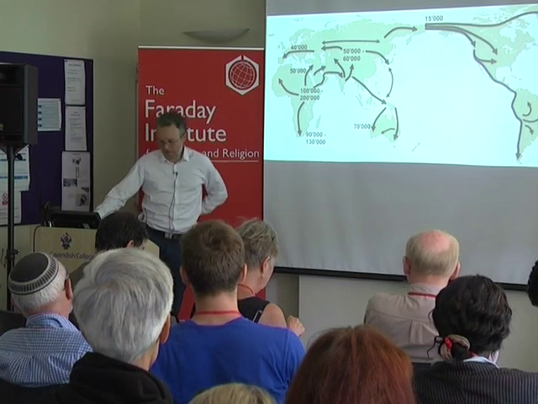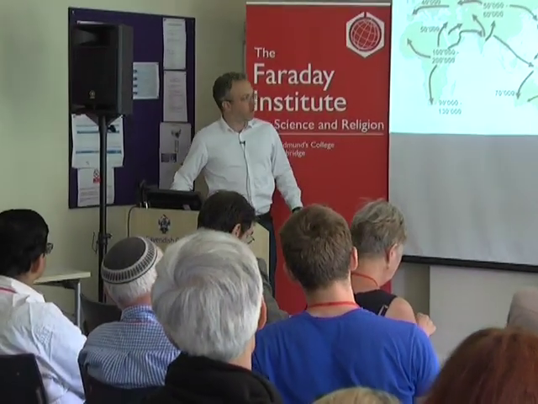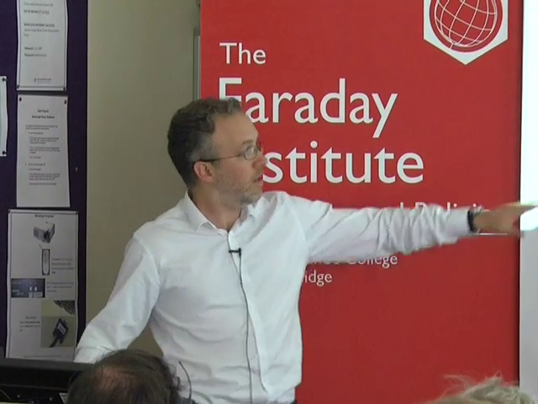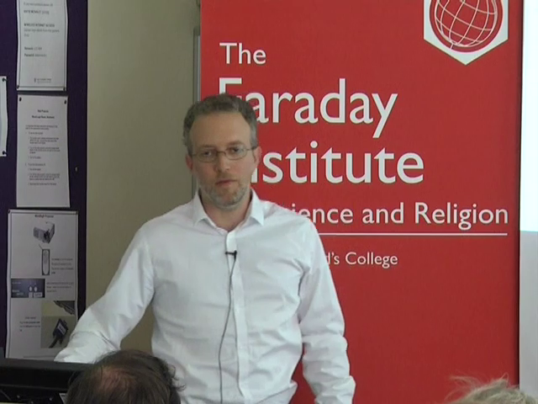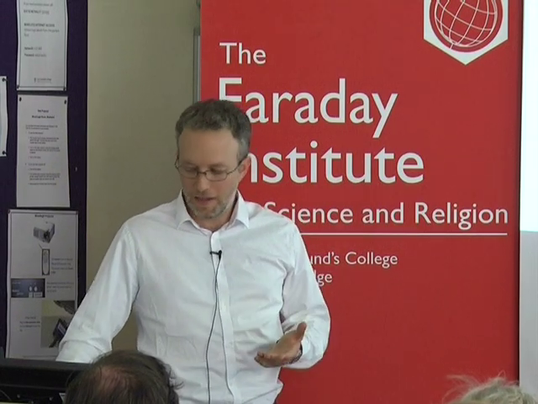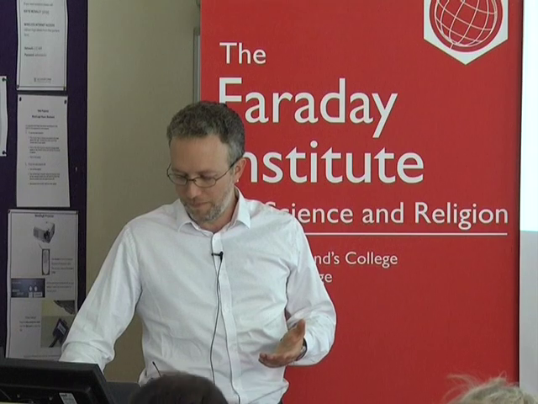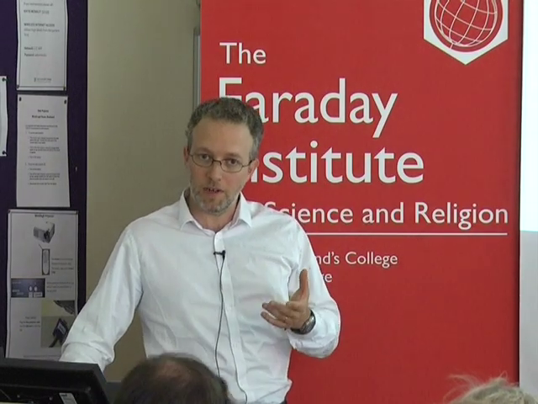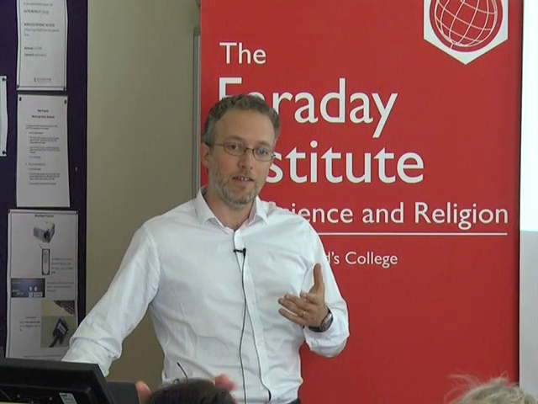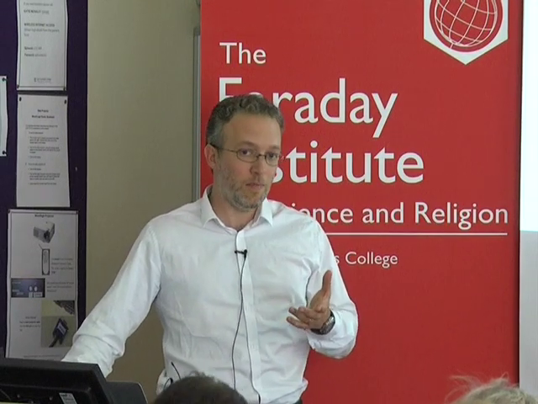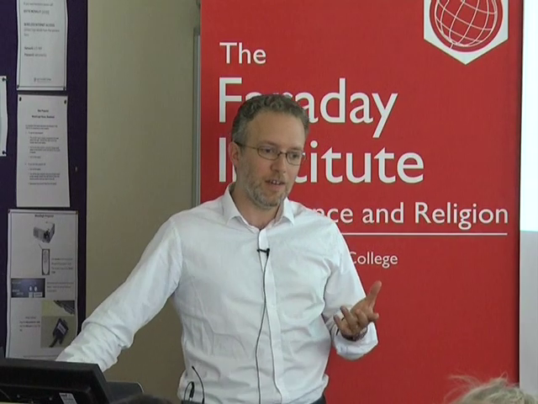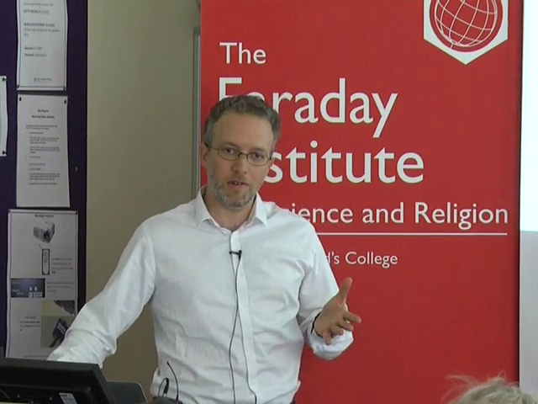Yeah, thanks for the question. The error bars on the archaeological material are, I would say, quite low, probably sometimes a few thousand years. The error bars on the timing using genetic reconstruction are much higher, just because of the way phylogenetic reconstruction works.